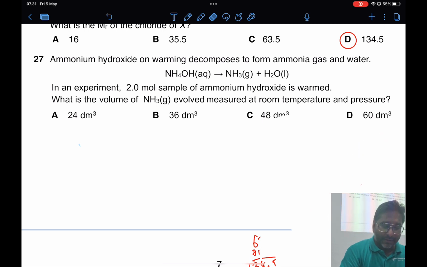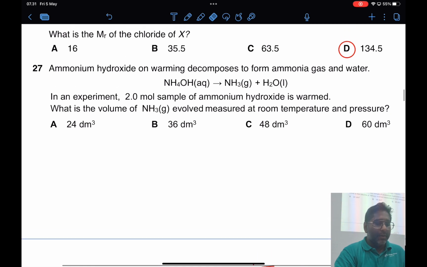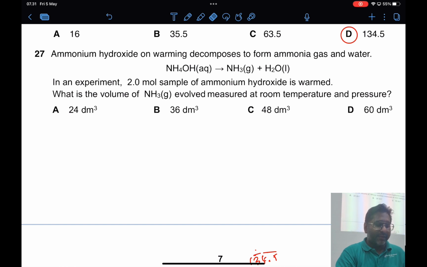Question number 27. Ammonium hydroxide on warming decomposes to form ammonia gas and water, and you can see the equation given over there. Now in an experiment, they have warmed 2 moles of a sample of ammonium hydroxide. So I'll put it over here, 2 moles.